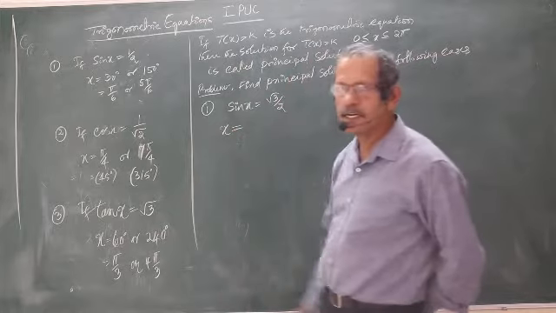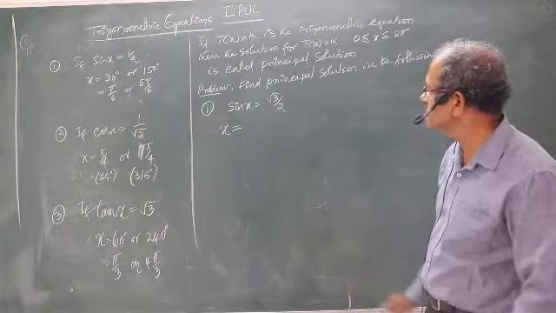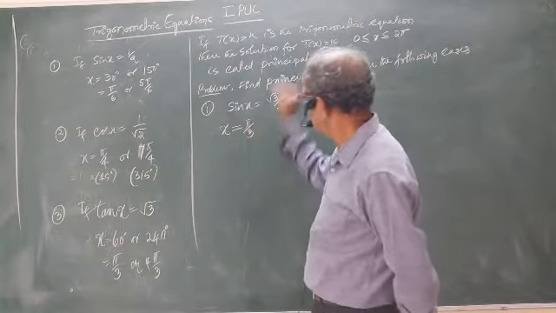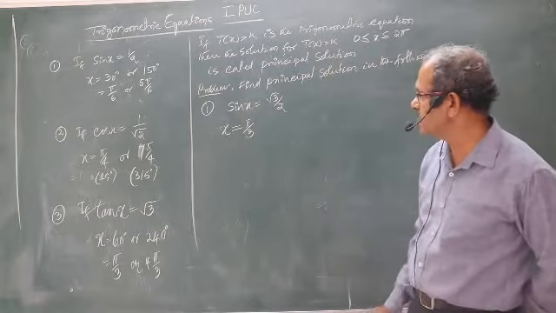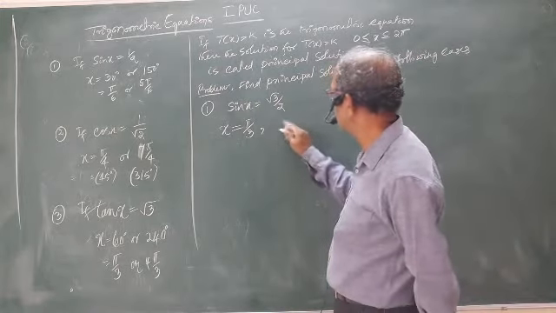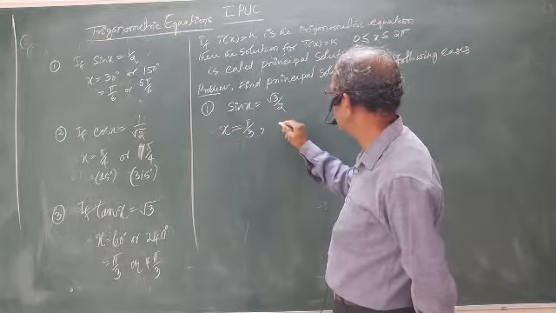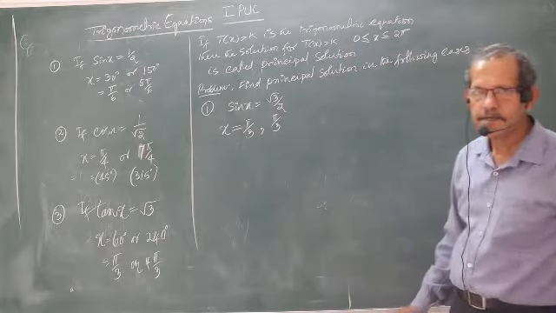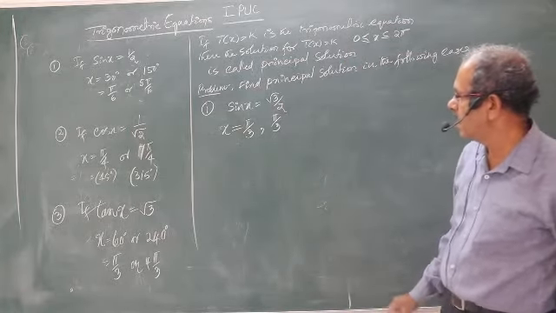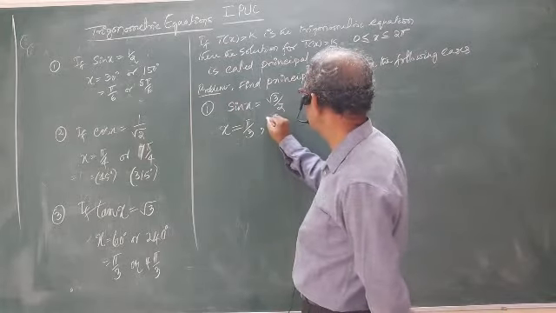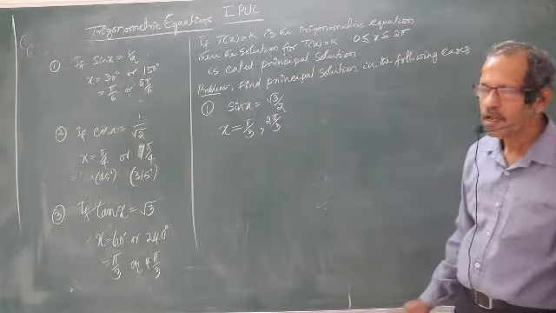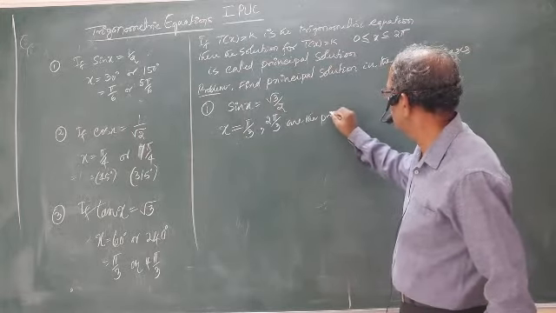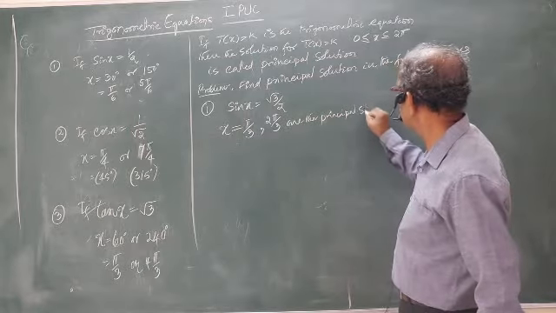Principal solution is x equals 60 degree, sin 60, and another one, 180 minus 60, which is 120. 120 is written as 2 pi by 3. Okay. 60 and 120 are the principal solutions.